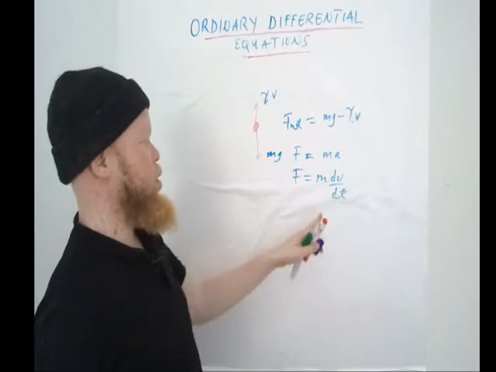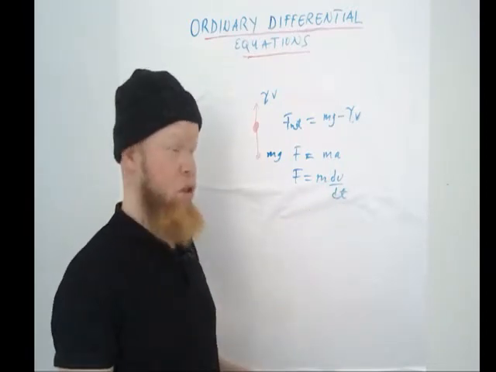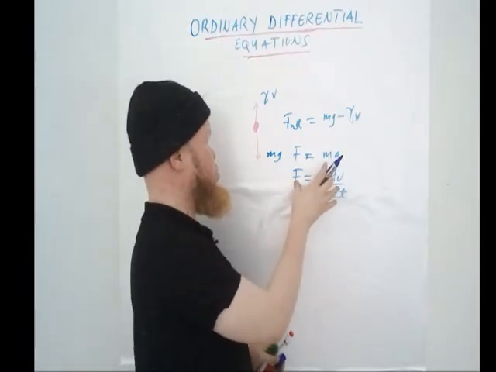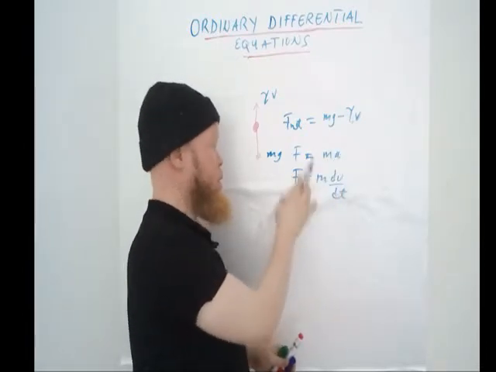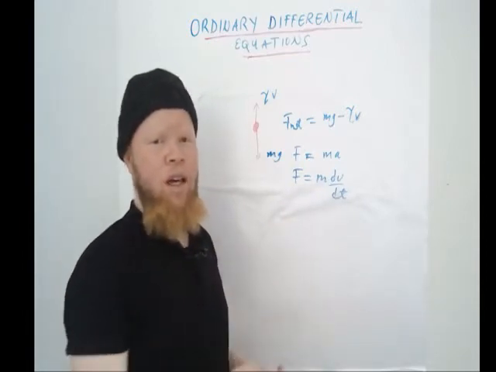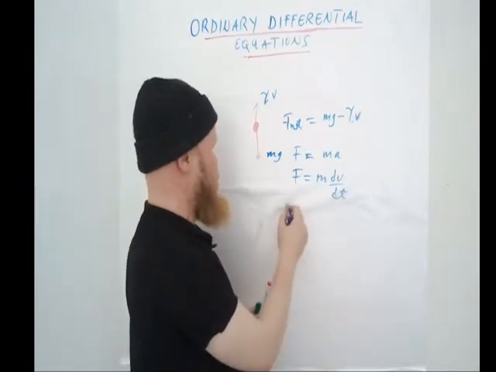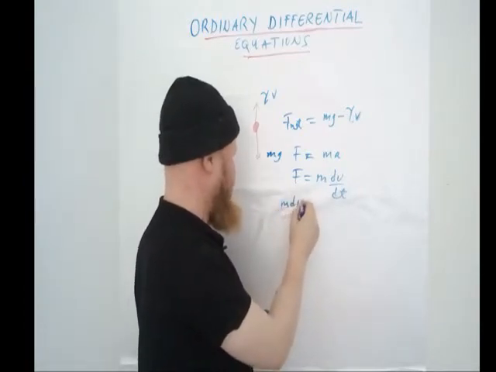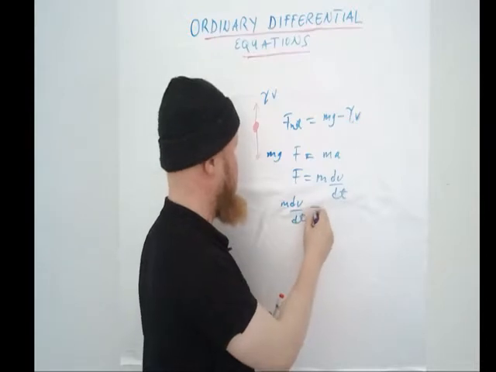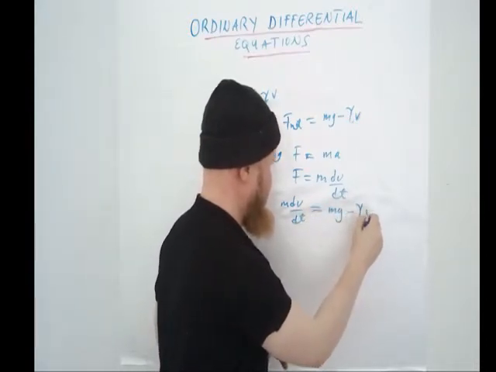This alone is also an example of a differential equation. Because this gives the net force, it's the same as taking this and substituting it here. So we shall have m dv/dt equal to mg minus gamma v.